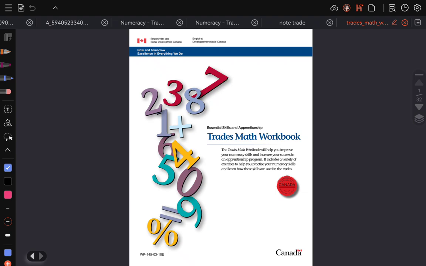Today I will be working through the Trades Math Workbook step by step. This workbook is designed to help improve numeracy skills, especially for those who are interested in trades or any kind of apprenticeship programs.